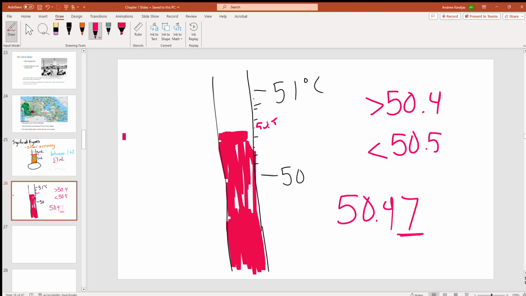And maybe we'll say here it's 50.47 degrees Celsius. But again, we're going to estimate one digit past our degree of certainty. And so for all measuring devices except for a balance, you take the number of decimal places that you can accurately read and you estimate one digit further. If you're using a digital balance, you just record all the digits.